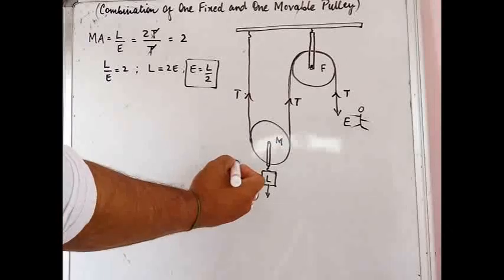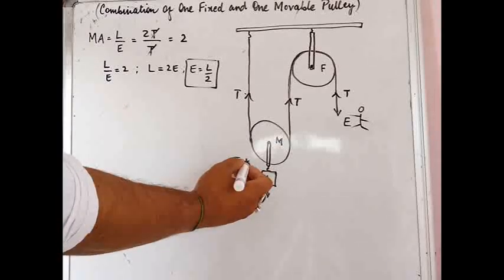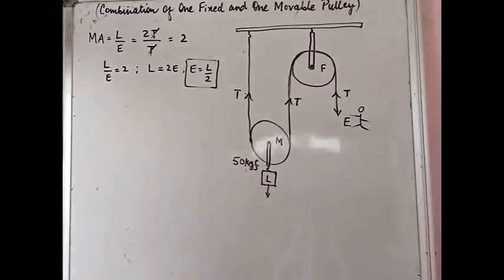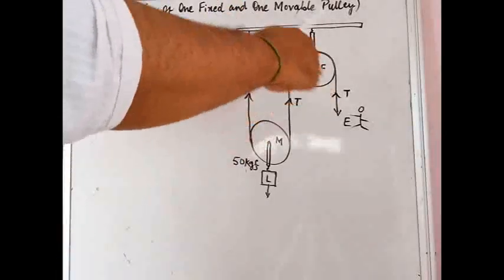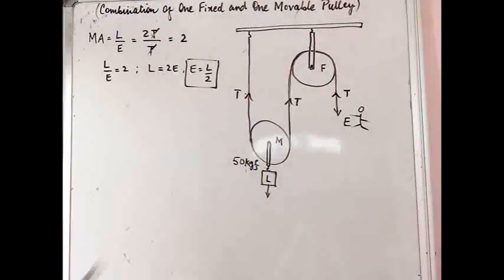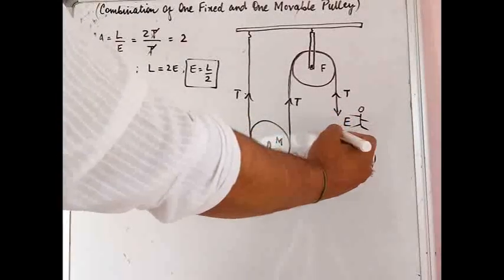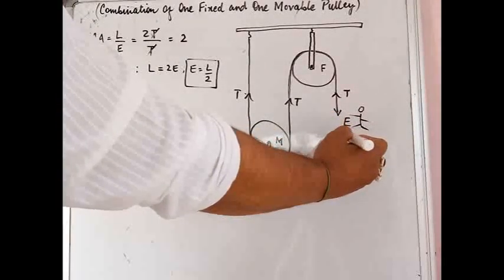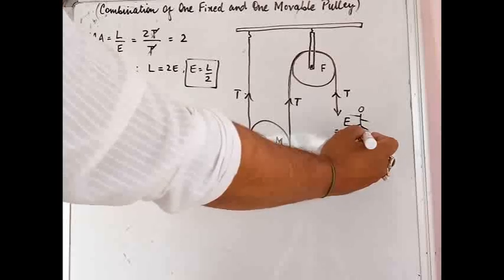So once again, what that means is, if we take a load of 50 kgf in this particular setup, how much is the effort that we will have to apply? We will only have to apply an effort of 25 kgf.